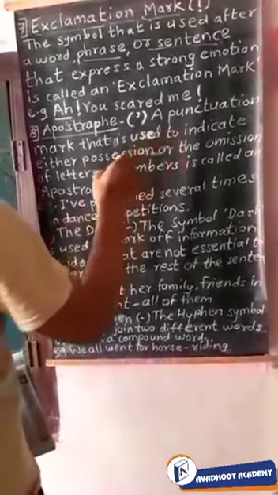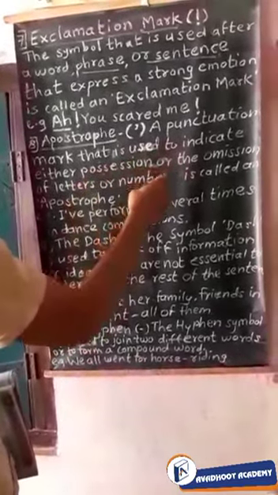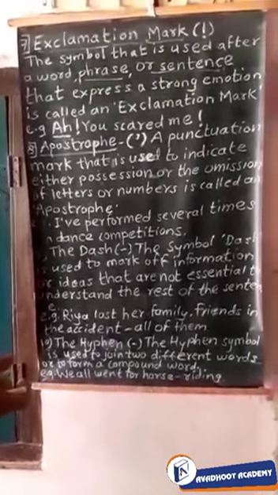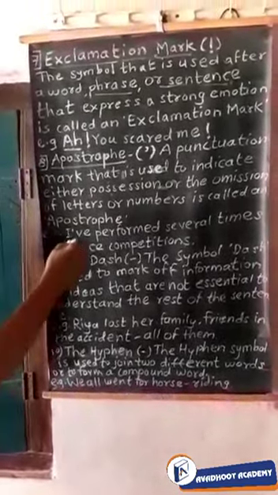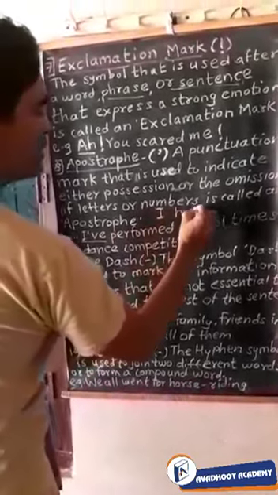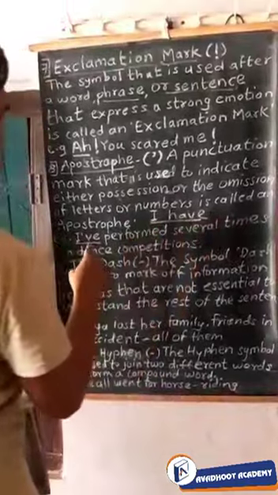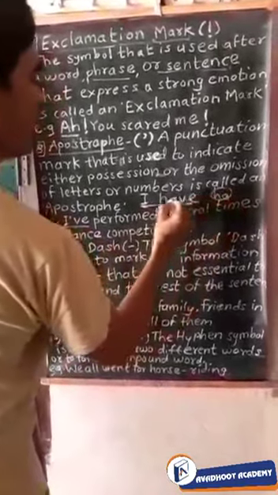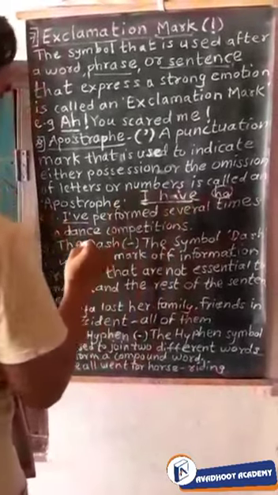Possession means a belonging thing, and omission means to cancel some letters from the word. So see, "I've" is the short form of "I have." So what is omitted? "Ha" is omitted, after that "I" and "ve", that is "I've."